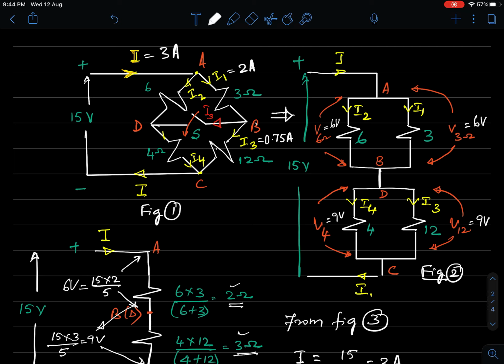Having computed these values, now we will see what current would flow through the switch. It is simple.